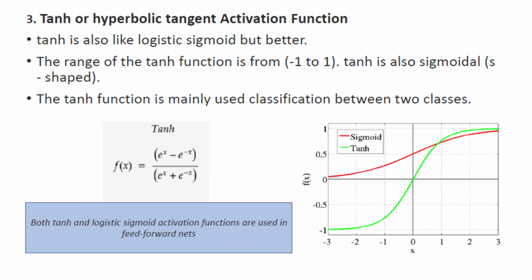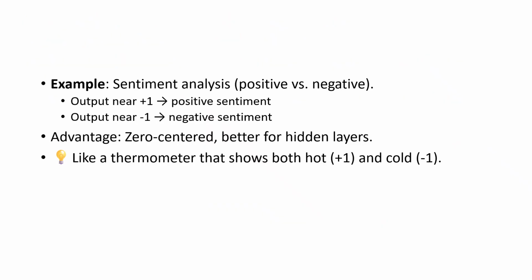It is used in cases where we need to represent negative values. In the sigmoid function, we have values between 0 and 1, so no negative values can be represented there. But if you want to capture some negative values also, then we can go for this activation function, and this is the formula for computing it.